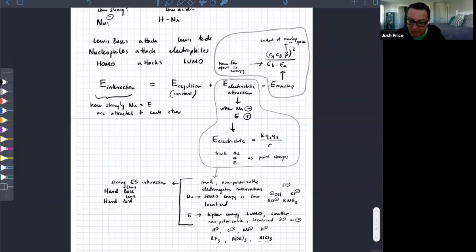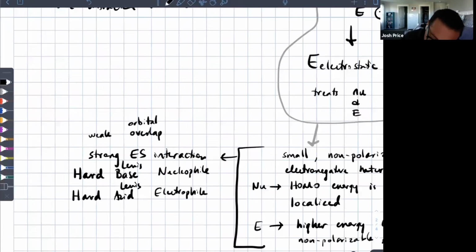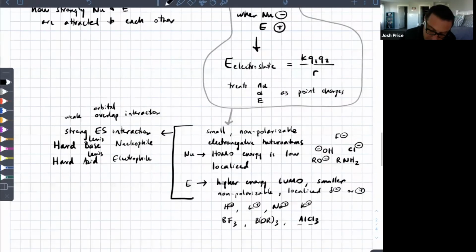So the overlap portion for these: the hard Lewis bases or nucleophiles, and the hard Lewis acids or electrophiles, have a strong electrostatic attraction for each other, probably a weak orbital overlap interaction. So you think of these as basically being point charges that are attracted to each other simply because of Coulomb's law.